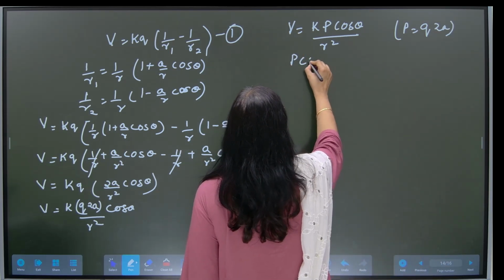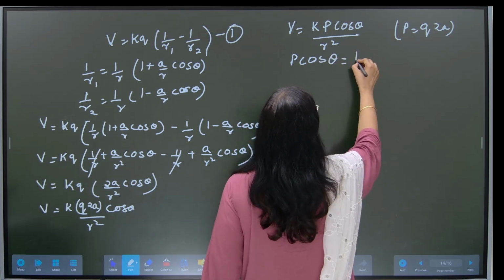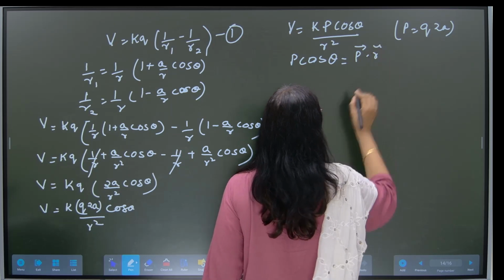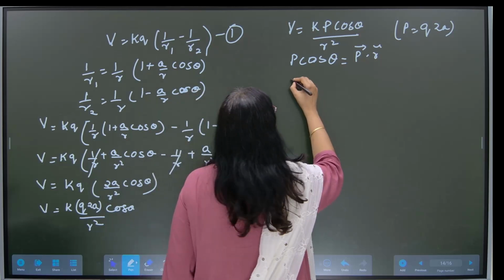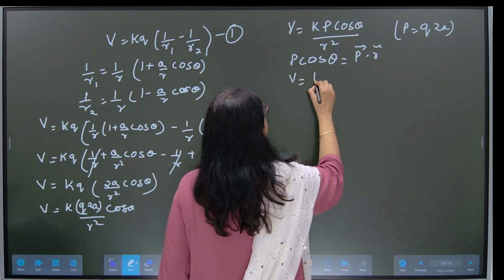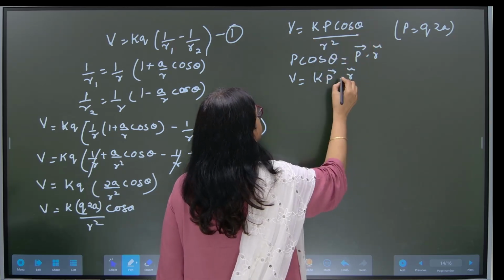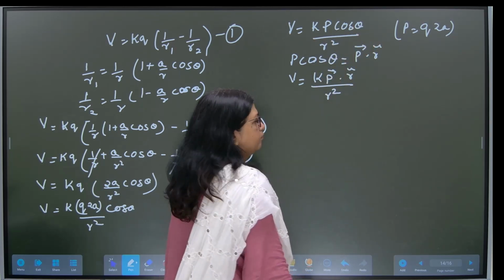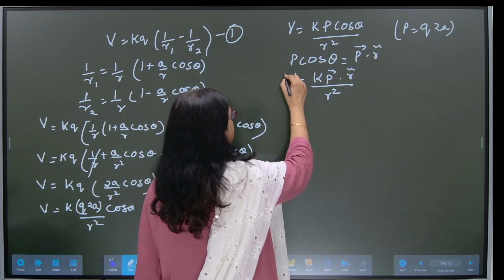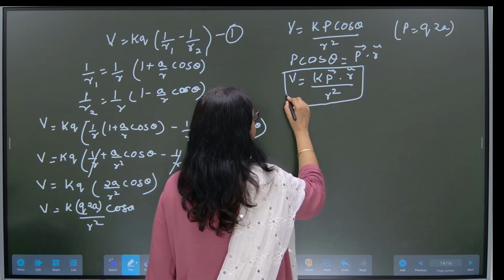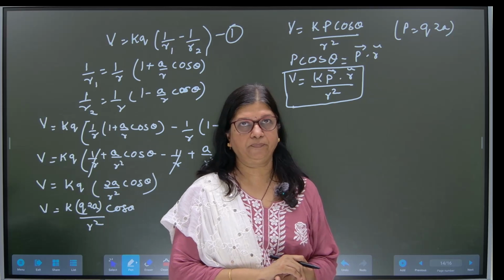Here I can substitute p cos theta is equal to p vector dot r cap, where r cap is a unit vector of the position vector from O to P. So I can write V is equal to K p vector dot r cap divided by r square. Fine. So this is the formula for potential due to electric dipole at a point P.